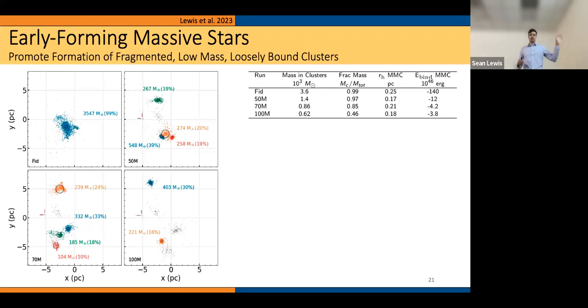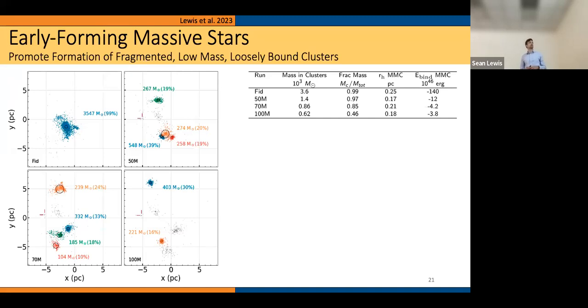Another thing we can look at, so at this point we've been talking about the energetics of the gas in my simulations, is the structure of the clusters that form. This is the same collection of simulations, the same snapshot at 4.5 million years, but without the gas. We're only looking at the stars here.